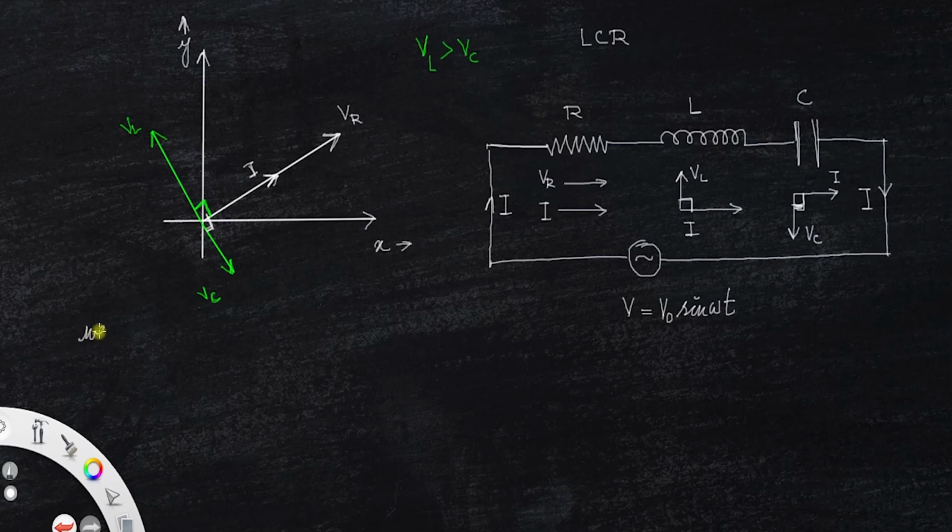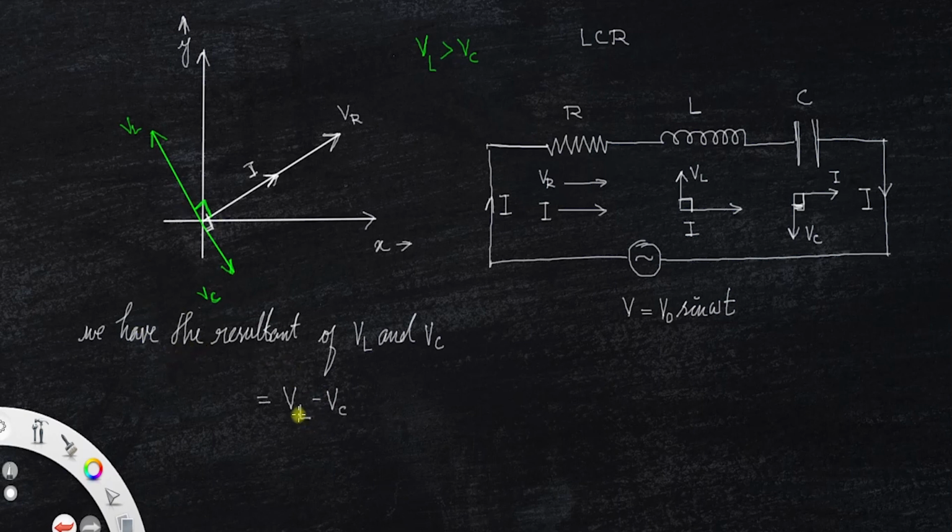We have the resultant of VL and VC equal to VL minus VC, because they are in the opposite direction.